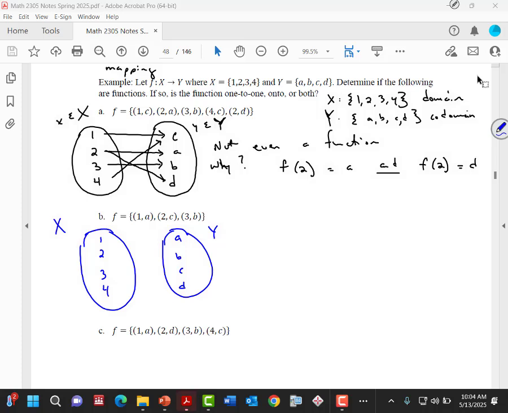So 1 maps to A, 2 maps to C, and 3 maps to B.